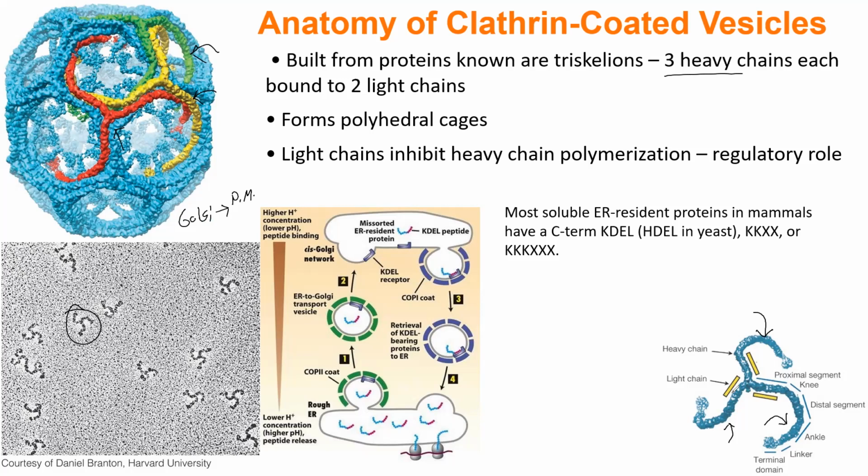But let me take a step back here. So we talked about COP1, and let's just draw our diagram again. Our process that we're talking about is ER, Golgi, plasma membrane.